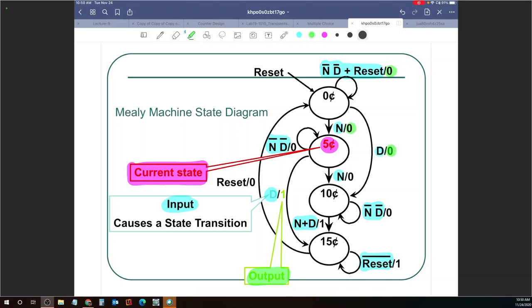The output is on the arrow or the arc, as opposed to being connected to the state. So this is simply input slash output: the input that caused the transition, slash what happened to the output because of that. That's the notation that we are using. So that's not divide by 0, that is just slash the output.